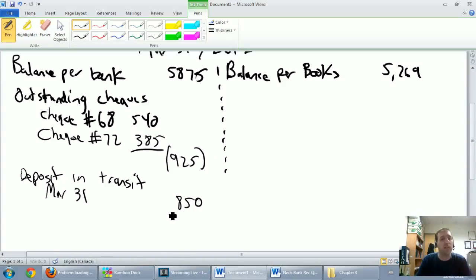So outstanding checks, I put in brackets. The deposit, when they find out about it, is going to add to my cash. So let's just add it all up. $58.75 minus $9.25 plus $8.50 equals, I hope I'm right here, $5,800. We're going to call that our reconciling balance.